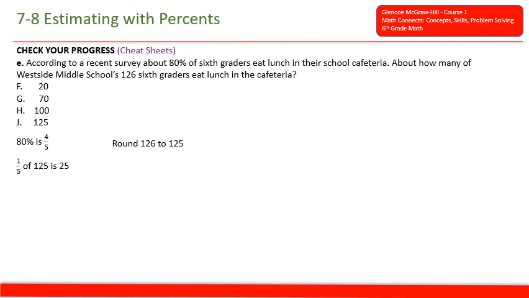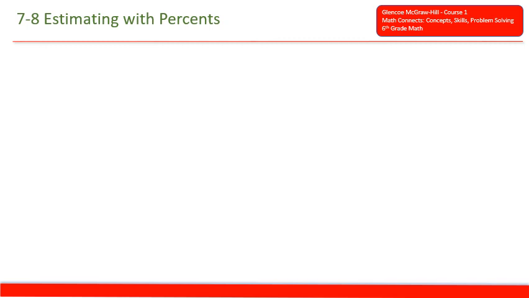Round 126 to 125. 1/5 of 125 is 25, because 125 divided by 5 is 25. Since 1/5 is 25, 4/5 would be 4 times 25, or 100, which is B.